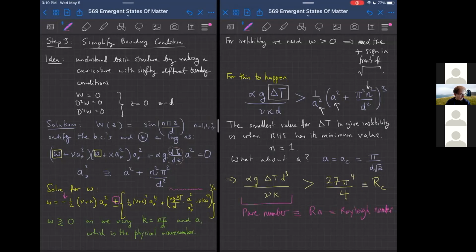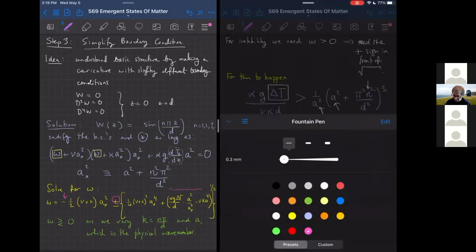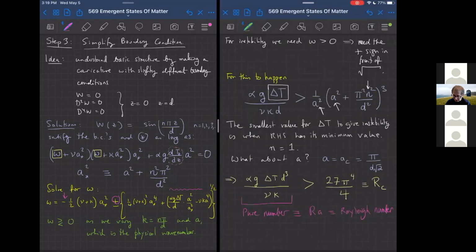Okay, so let's look at the physics of this. The physics that we've just discovered is that we can destabilize our uniform state in multiple ways.